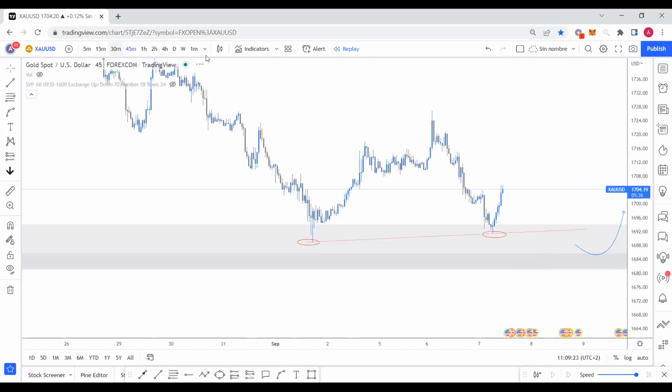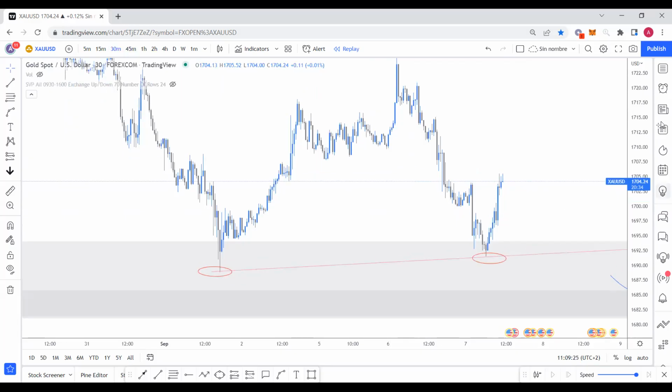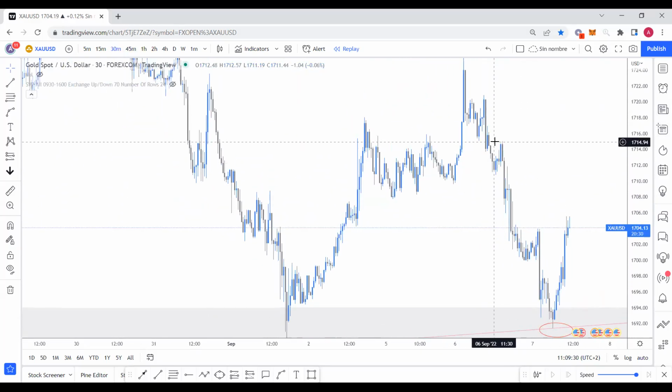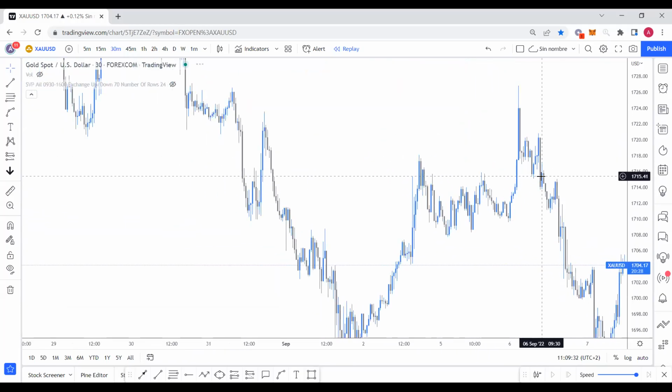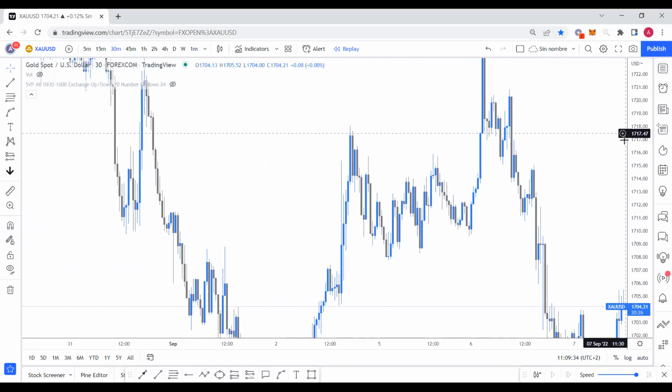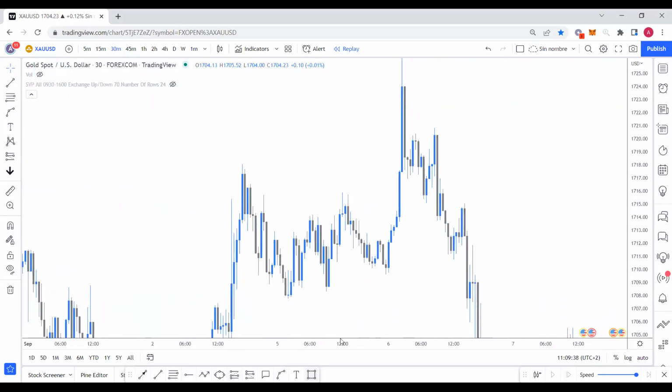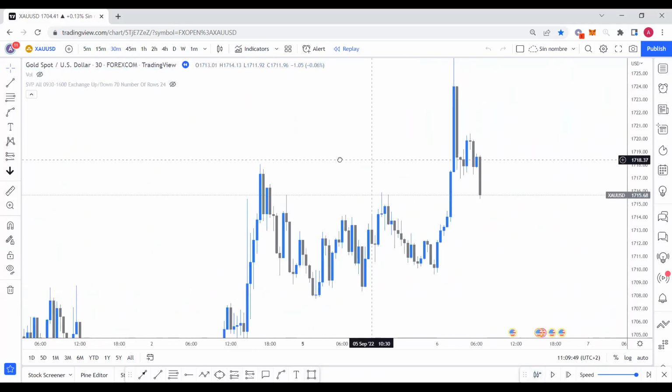As I said, let's have a look at gold. The way price came down, it was filling all of the imbalances. If we look closely on the 30-minute time frame, price was filling all of the imbalances. Here, price on this candle, the reason I like this setup, let's have a look at this bearish move.